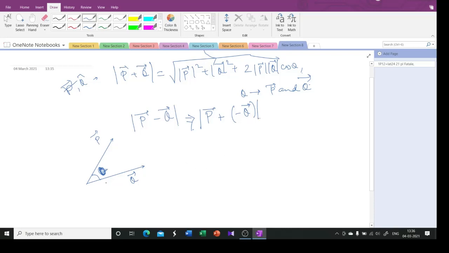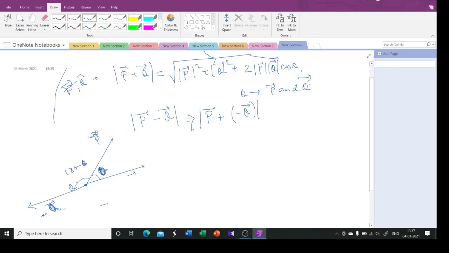If this is Q vector, minus Q vector is something like this, of the same length but opposite in direction. Now we take this and project it here. This is my minus Q. So what is the angle between P and minus Q vector? It's 180 minus theta.